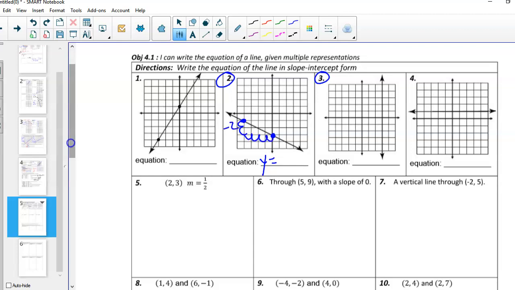Can that be reduced? To negative 1/2. So anytime it can be reduced, do that. What that really means is if I go up 1 and left 2, there would be another point. What's your y-intercept? Negative 3. So y equals negative 1/2 x minus 3. That's your y-intercept.